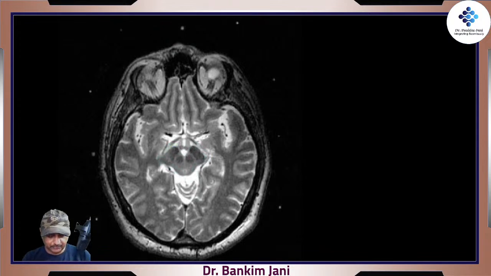So just from the first look you say that this is midbrain, and in this midbrain we identify certain structures. One is our red nucleus, that's what we talked about. This one is the red nucleus.